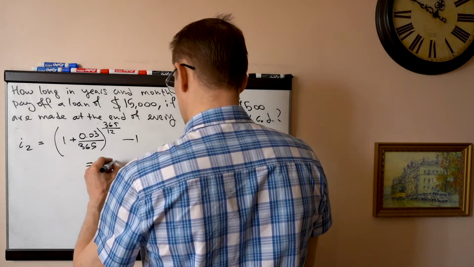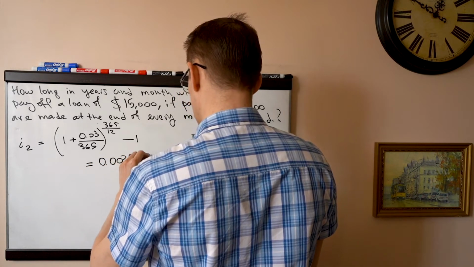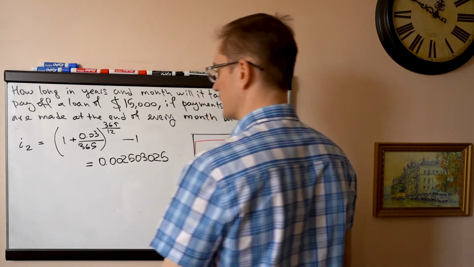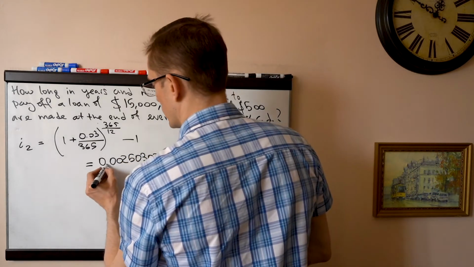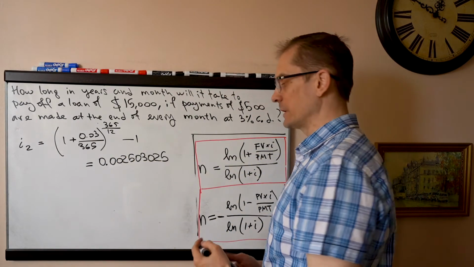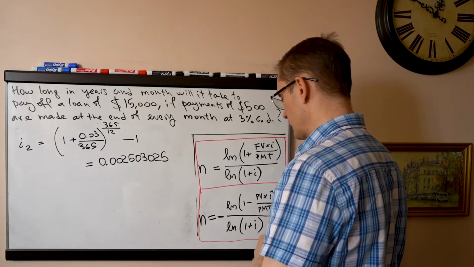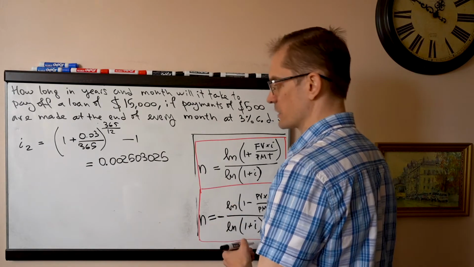So it will be 0.002503025. Now, with this converted rate, or with this equivalent rate, we now have a simple annuity, so we can use this formula.